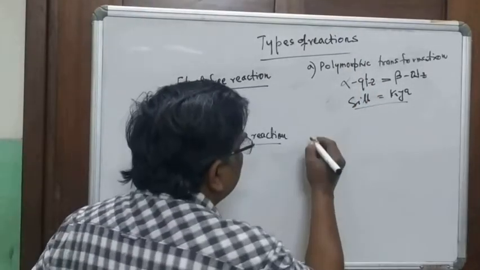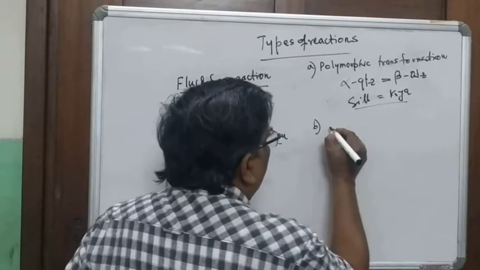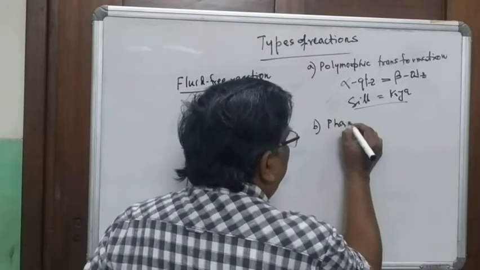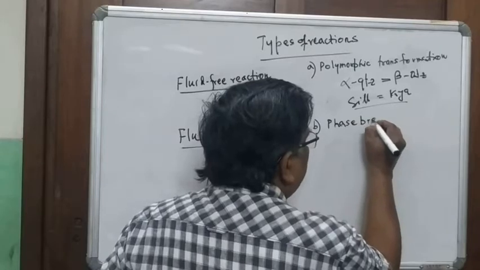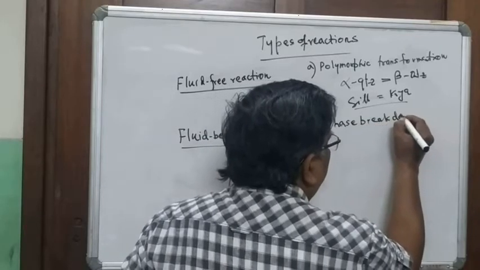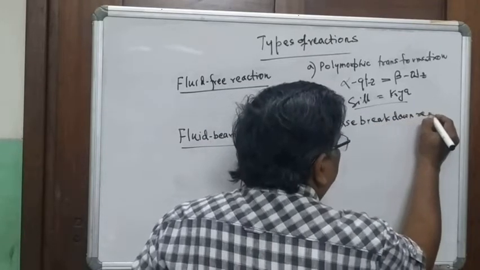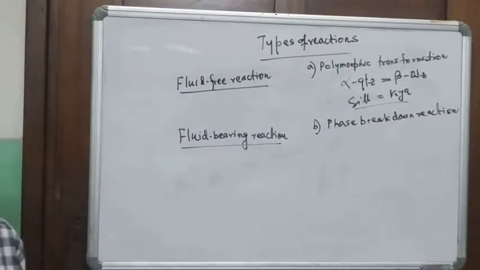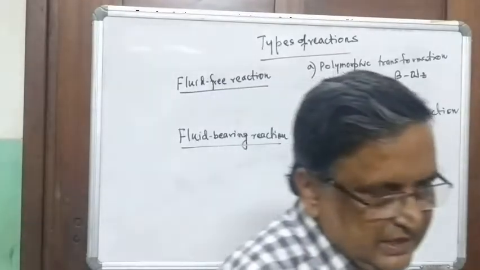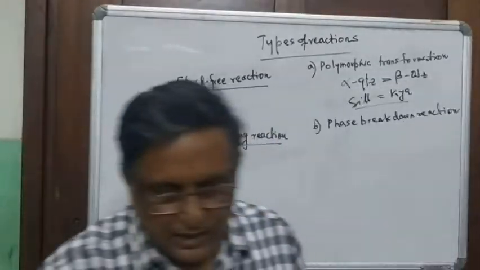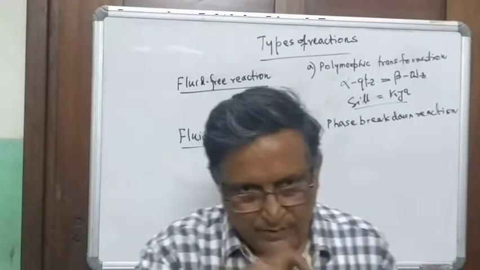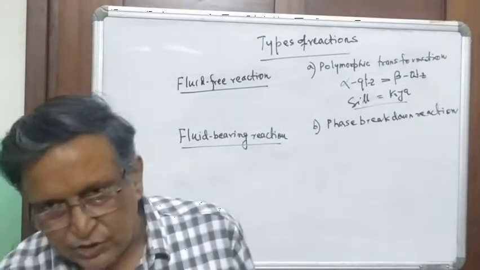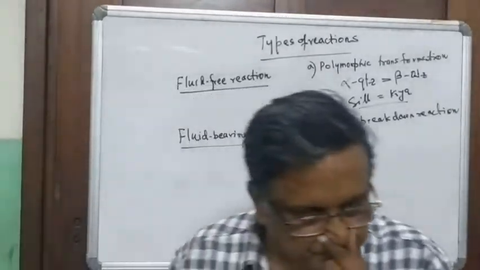Another type of reactions are phase breakdown reactions. In these reactions, the minerals to the left and the minerals to the right are not the same. The mineral components are different.